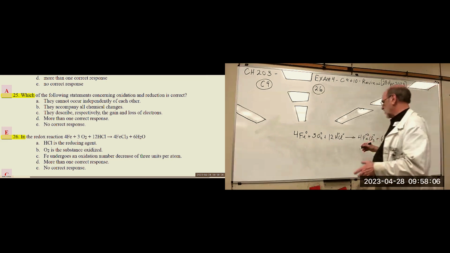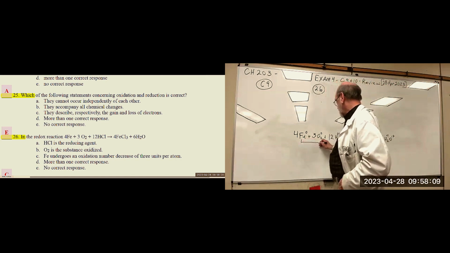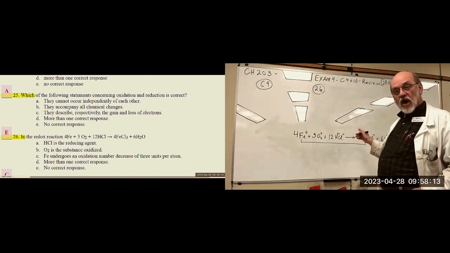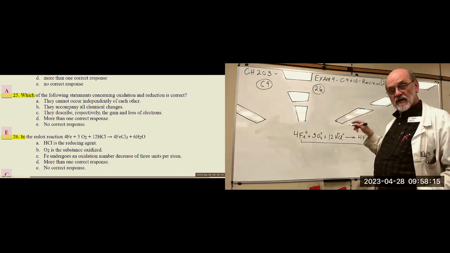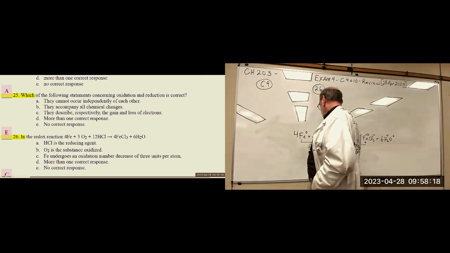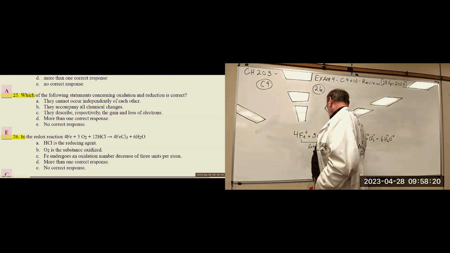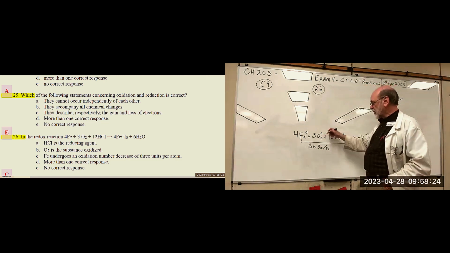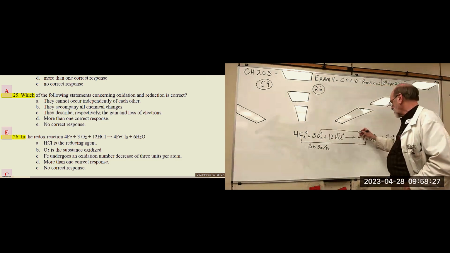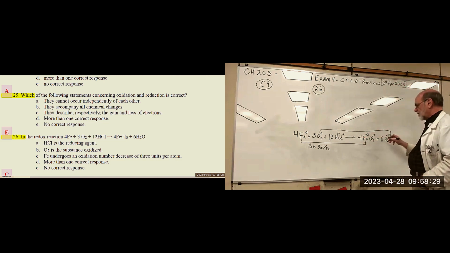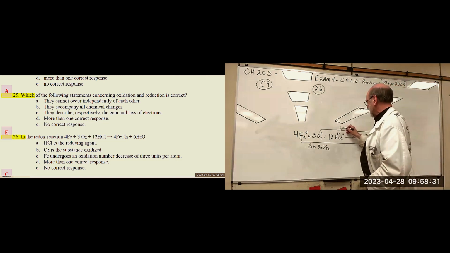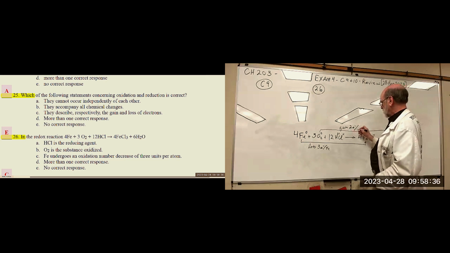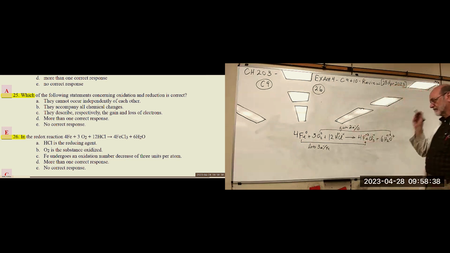Okay, so what happened here? Well, iron lost 3 electrons per iron. Oxygen probably did something. Right here. Oxygen gained 2 electrons per oxygen atom.